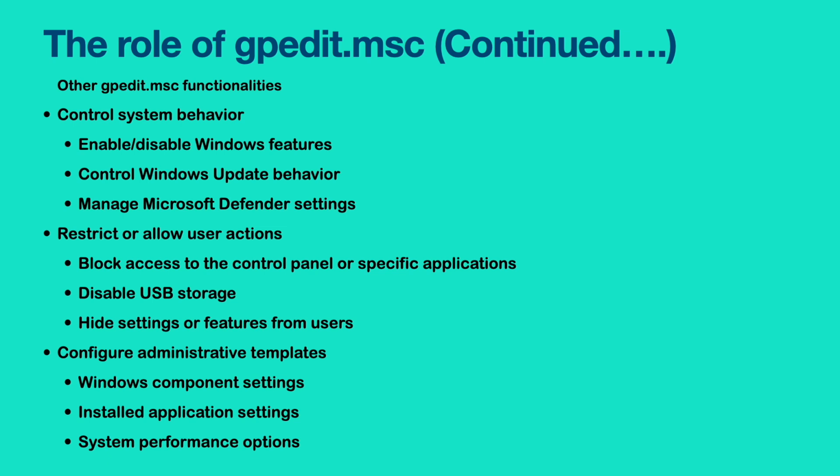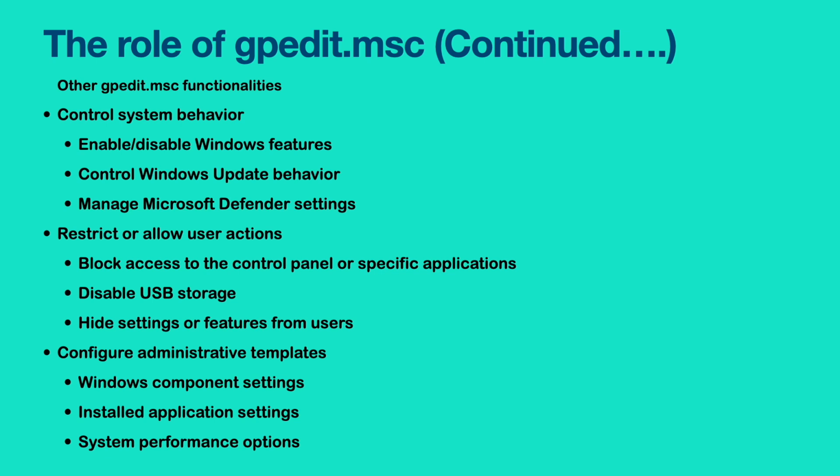So we are talking basically about three groups: control system behavior, restrict or allow user actions, and configure administrative templates. The last one is less relevant. The other two, for example, control system behavior, if you are talking about managing Microsoft Defender settings, is definitely part of the security configurations of Windows.